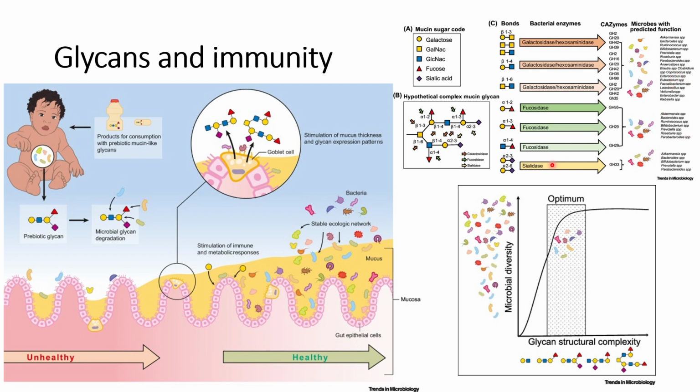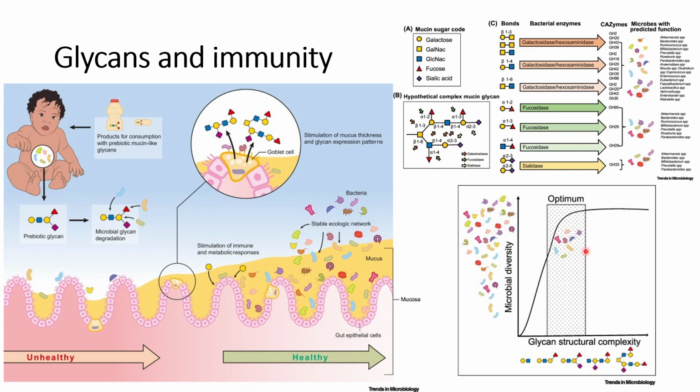Another thing that has been mentioned in this paper is the relationship between glycan structure complexity and microbial diversity. It has been proposed that after a certain complexity, the microbial diversity will stabilize, and beyond this there will be no further increase in microbial diversity.